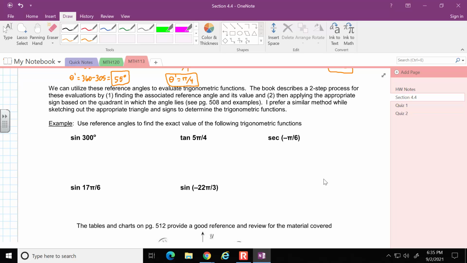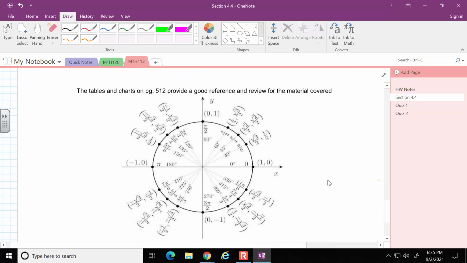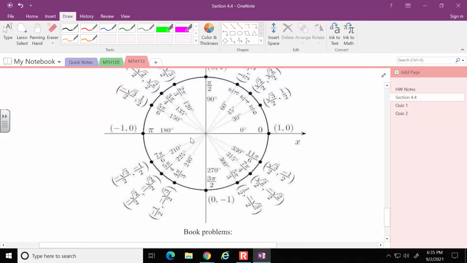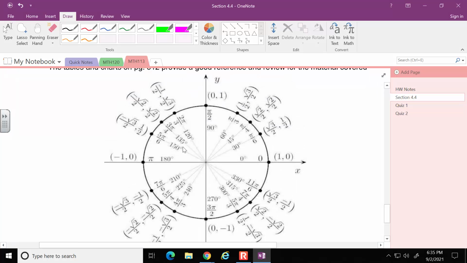I use triangles. Most people, I would say even, use what is considered a filled out unit circle. I do not give this on tests, although if your test is take home, I guess you have access to it. But it basically is a drawing of the unit circle.